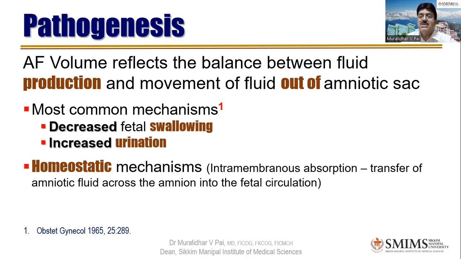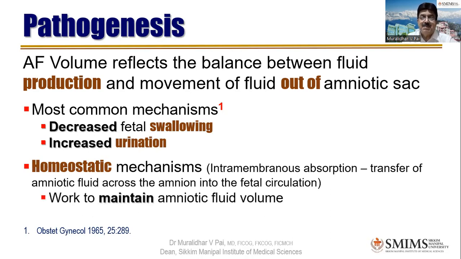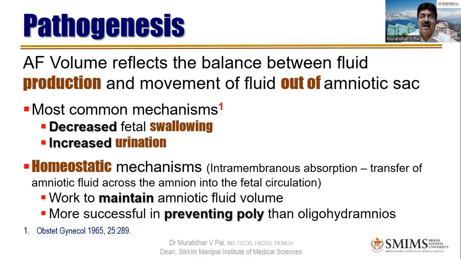It's not just swallowing by the baby, there's intramembranous absorption also. That means transfer of amniotic fluid across the amnion into fetal circulation. This basically works to maintain the amniotic fluid volume in general and is more successful in preventing poly rather than oligohydramnios.